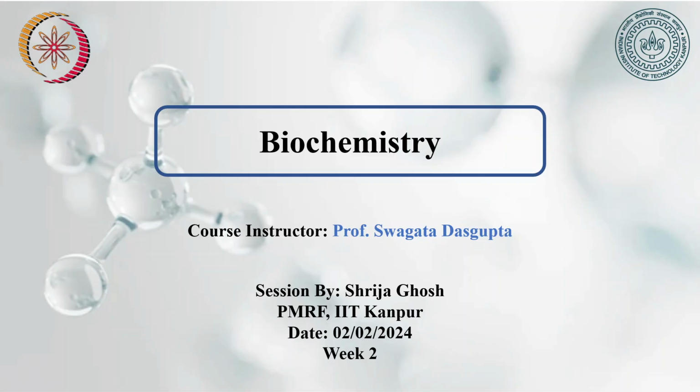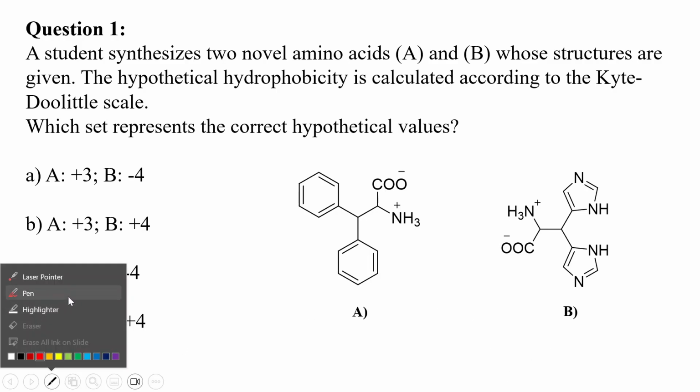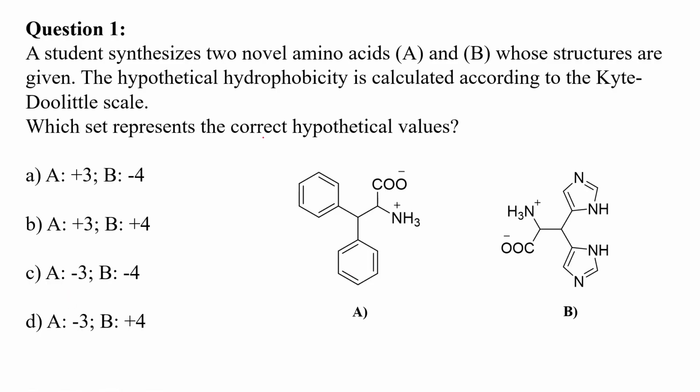So we'll start now. I'll start with the first question. A student synthesizes two novel amino acids A and B whose structures are given. So we have two structures given here. The hypothetical hydrophobicity is calculated according to the Kyte-Doolittle scale.